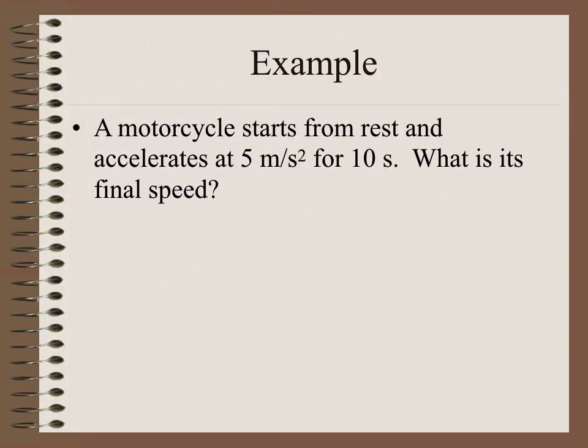Let's take a look at an example. A motorcycle starts from rest and accelerates at 5 meters per second squared for 10 seconds. What is its final speed? So when looking at this problem, we start by looking at the question. We know that we're looking for the final speed. And the only formula that we have that involves final speed is our one involving the acceleration.